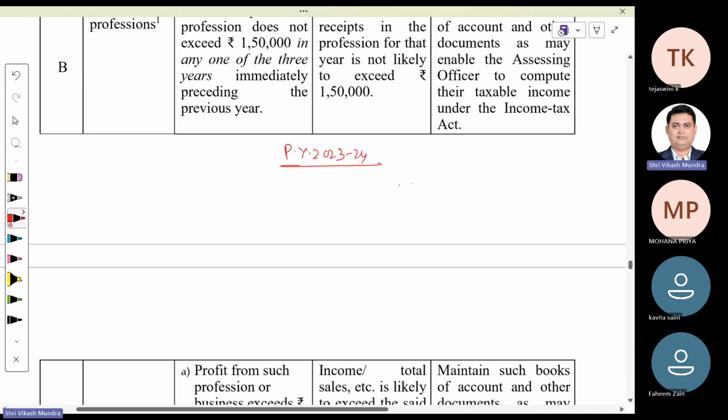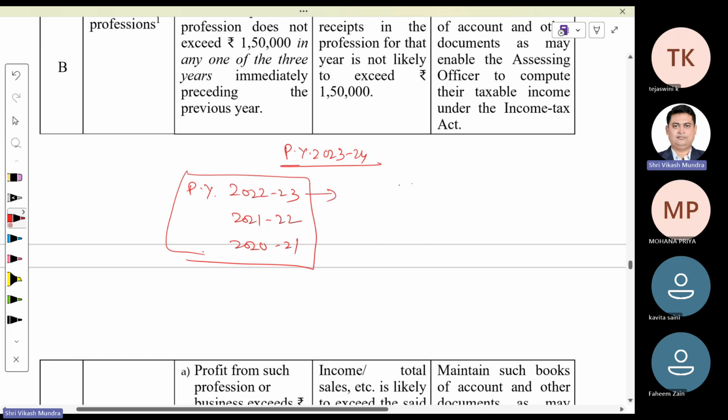So in this situation, I am required to check my gross receipt from this medical profession for the last 3 years. Say previous years 2022-23, 2021-22, and 2020-21. That is the last three immediately preceding previous years.